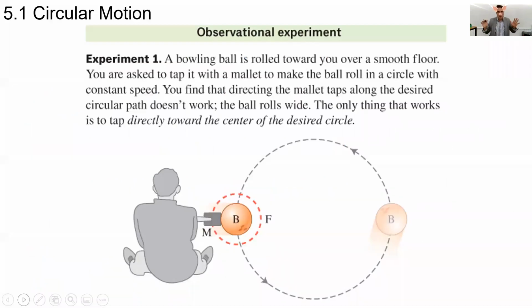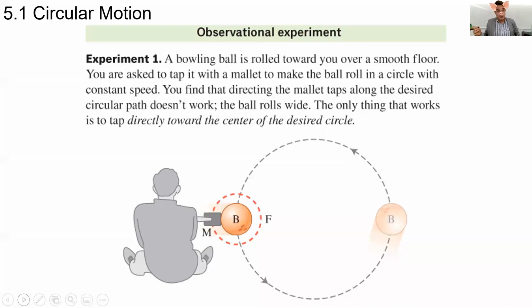Okay. So I want to watch a quick video from the book. See if this works on Zoom to display a video. But there are 2 experiments in this video. One is that there's a bowling ball rolling on a floor as observed from above. And you are asked to tap it with a mallet and make the ball roll in a circle around a central spot. I think it's the drain in the floor.